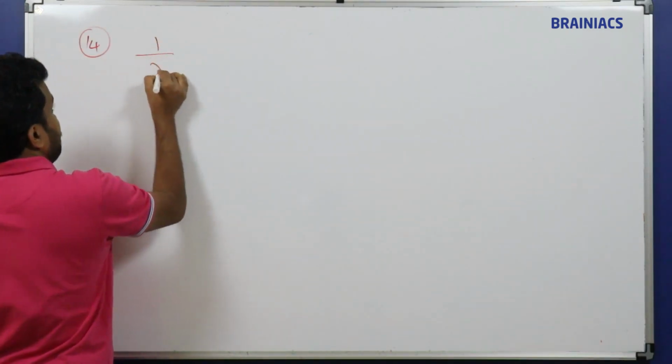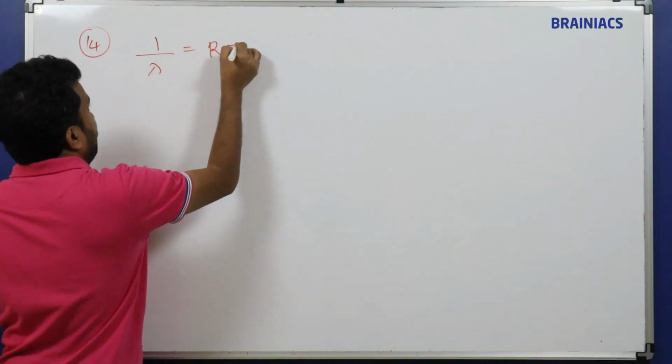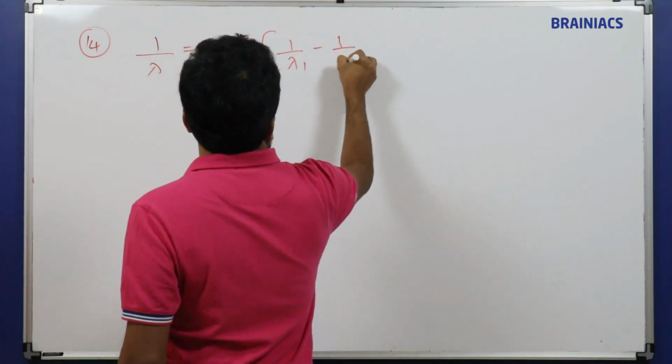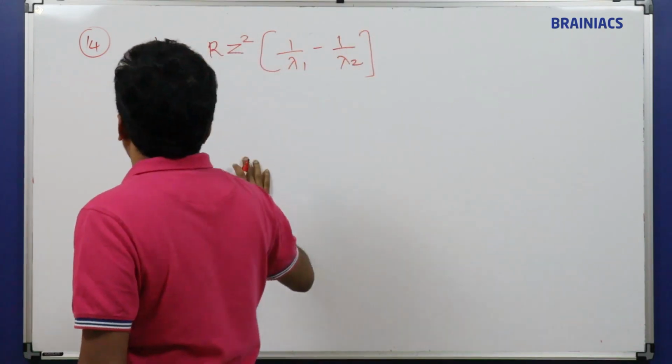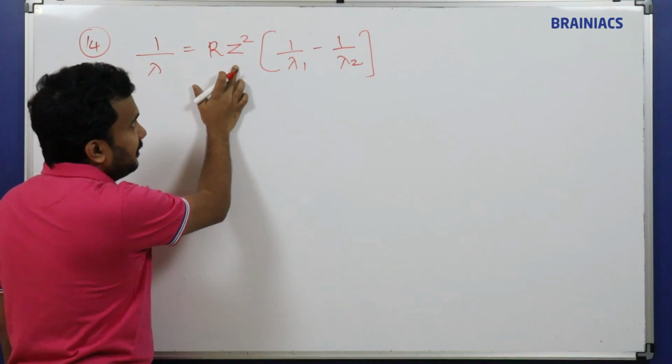Generally there is an expression: 1 by lambda equals Rydberg constant times Z square times 1 by n1 square minus 1 by n2 square. Z is the atomic number.